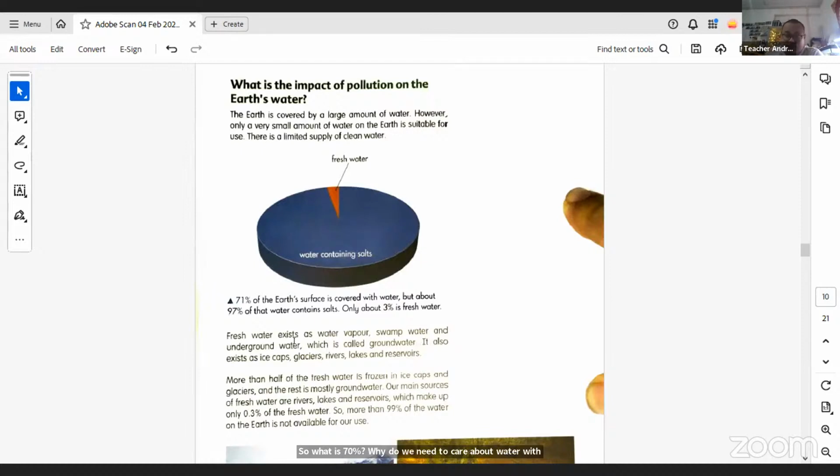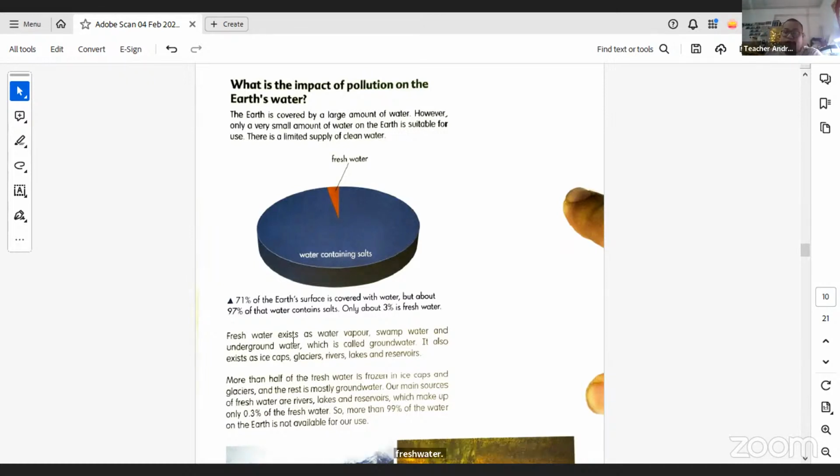The answer to the question is yes, we have so much water, but only a very small percentage we can drink. Out of the 71% of the earth's surface water, only 3% is fresh water that we can drink.